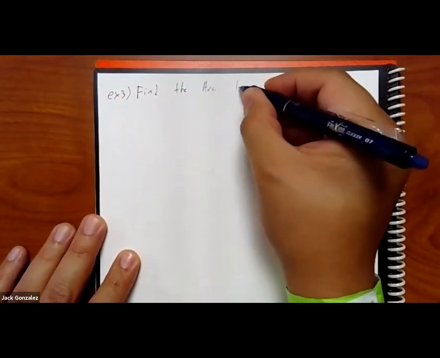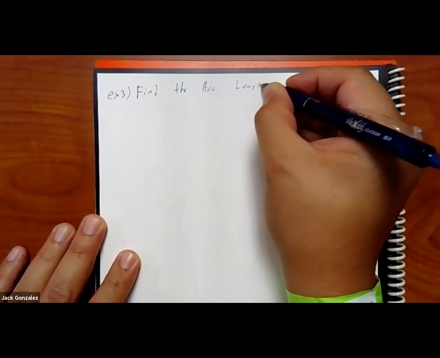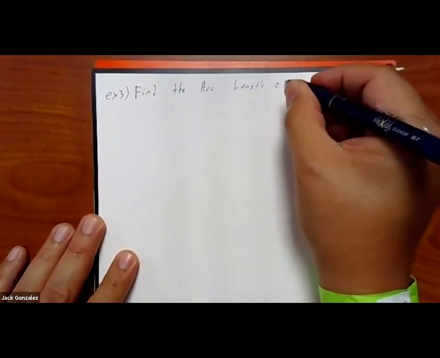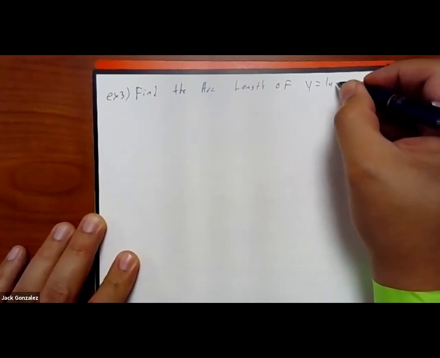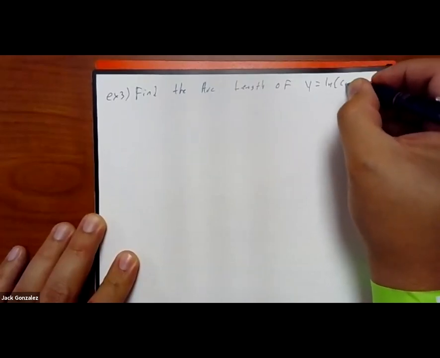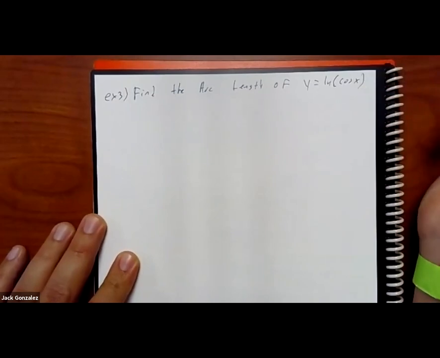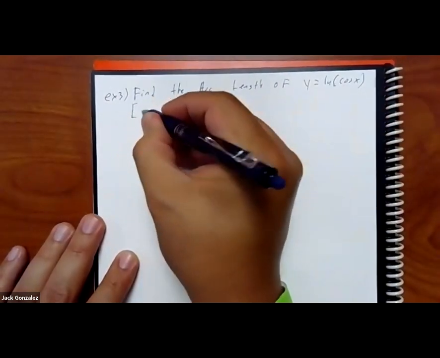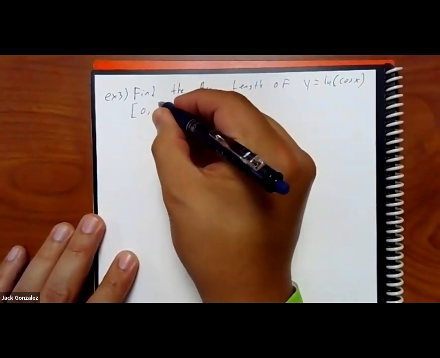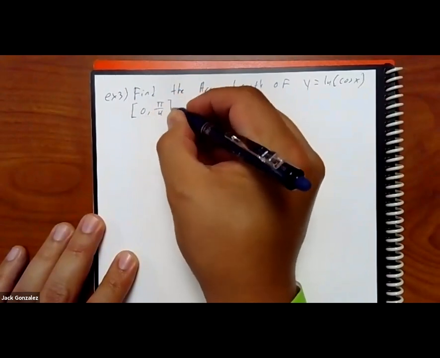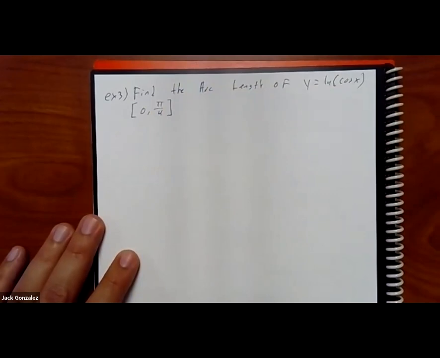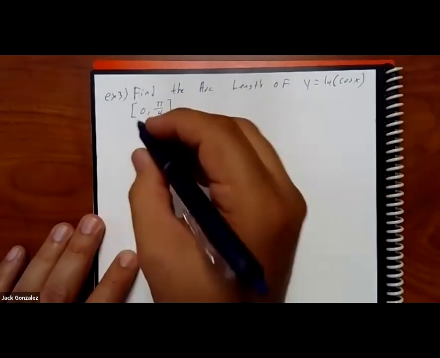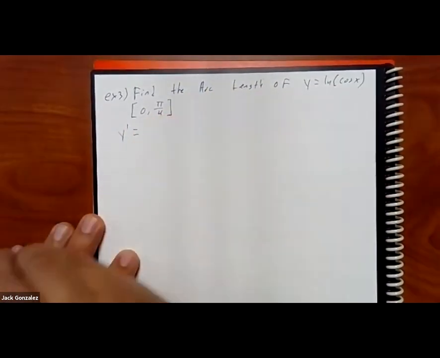Find the arc length of y equals ln cosine x from 0 to pi over 4. So the first thing that I need is the derivative.